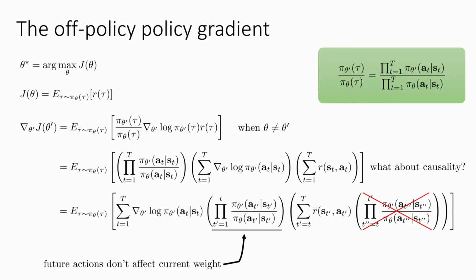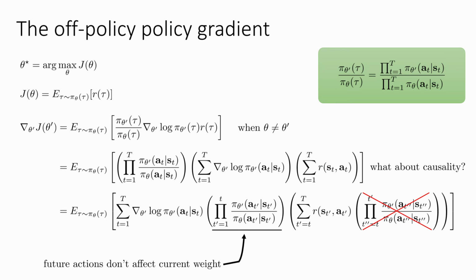If we go back here, this thing you can do for any old policy or anybody else's policy. Any policy can be plugged in place of pi theta into this formula, and that will be correct. The bit where I killed this ratio does assume that pi theta was my own old policy.